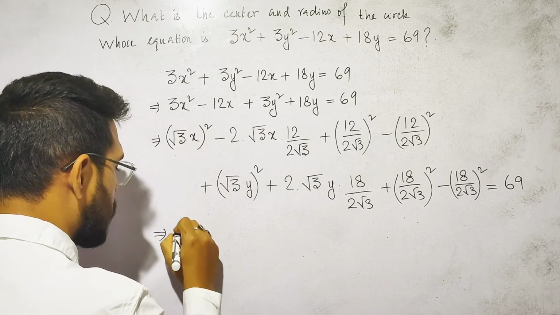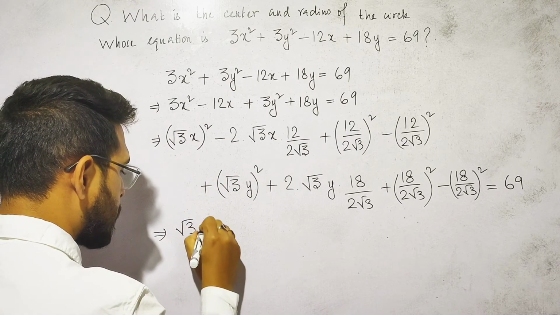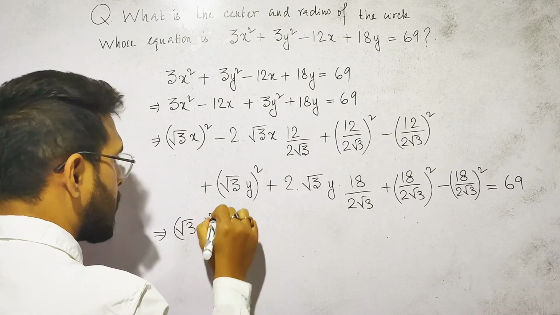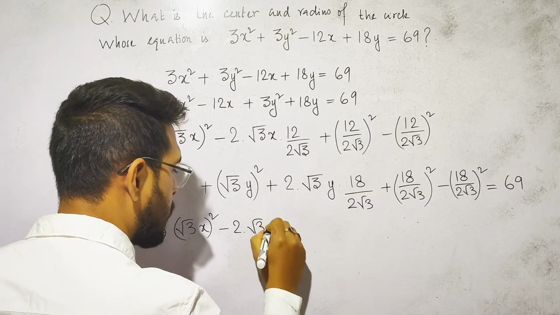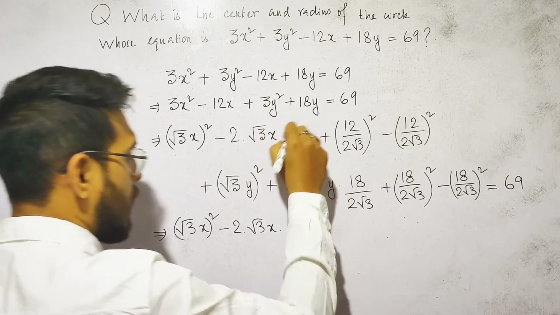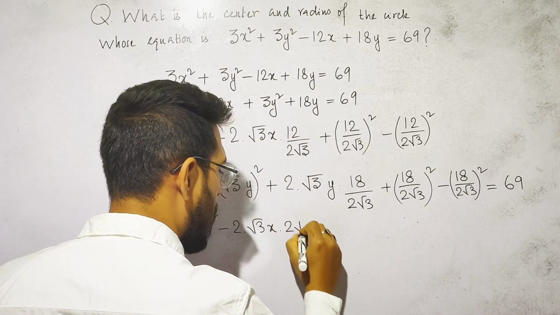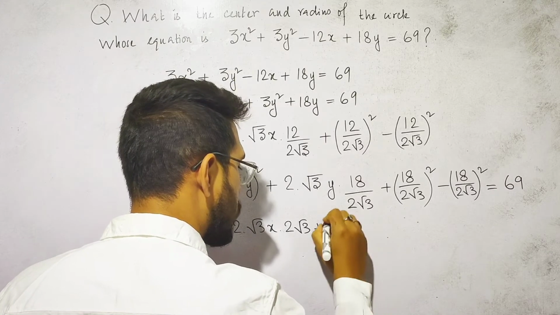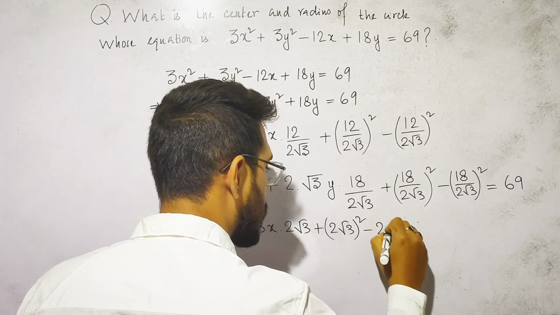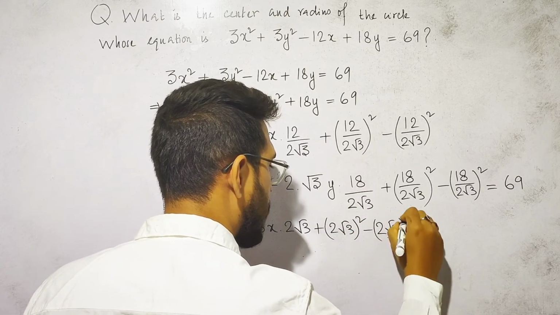So this becomes square root of 3x whole square, let me keep it as it is, minus 2 times square root of 3x times, now this can be written as 2 root 3, plus 2 root 3 whole square minus 2 root 3 whole square.